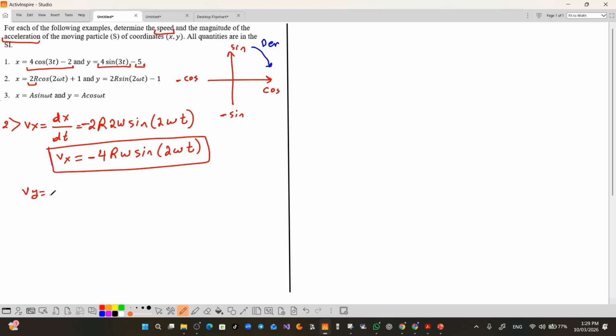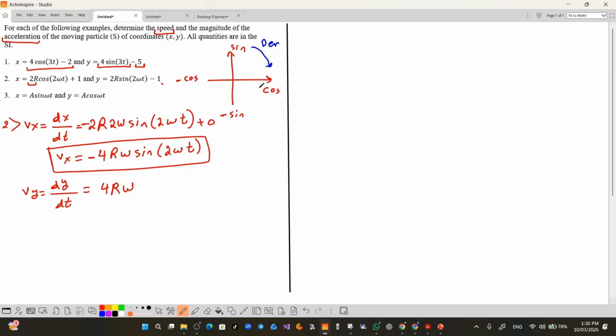Now what about the Vy? It's dy over dt. Now we apply the derivative. For sure, the derivative of plus 1 is 0. Don't forget to add it. Now we have, again, two terms. We just apply the derivative on the first term and then the derivative on the second term. However, the derivative of the second term is 0 because this is constant. Now you should expect that the final answer will contain the same coefficient. However, the function here will be different.